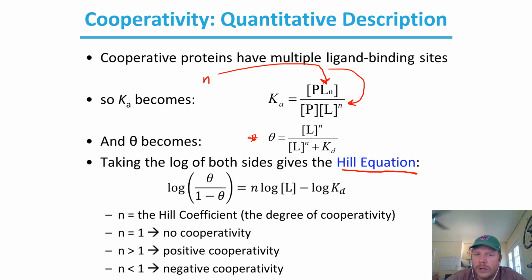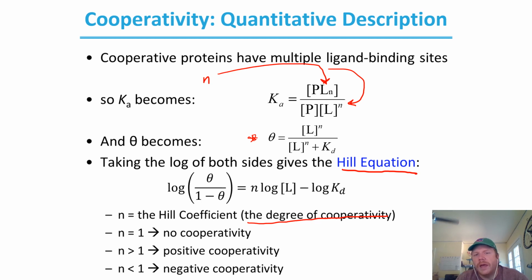Now the Hill equation is log of theta over 1 minus theta is equal to n times the log of L minus log of K sub D. Now what this does is basically takes this otherwise sigmoidal curve and kind of linearizes it. Now n is the Hill coefficient, so this is the degree of cooperativity.